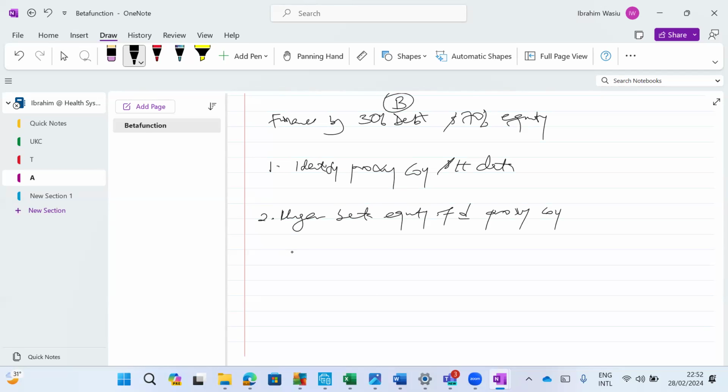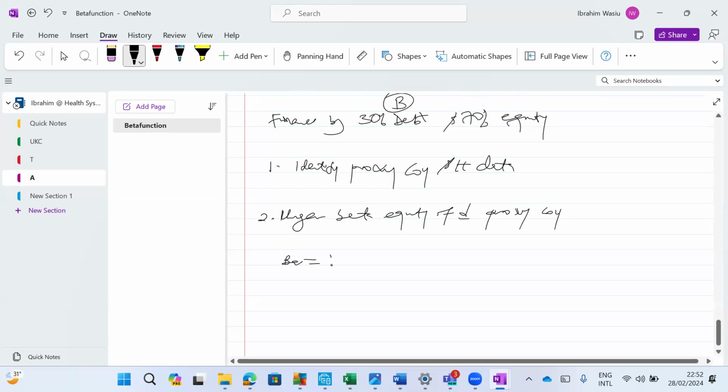So we have beta asset equals beta equity times value of equity over value of equity plus value of debt times (1 minus t). This one is plus 0 here. Beta equity is 1.6 times 20 over 20 plus 30. So we have the same thing, 1.25.